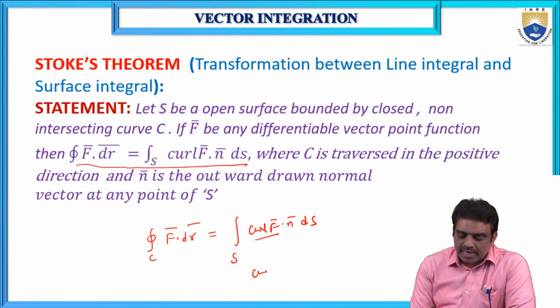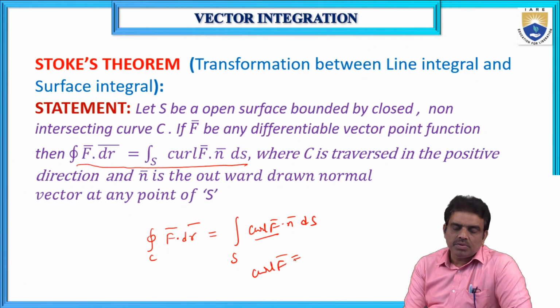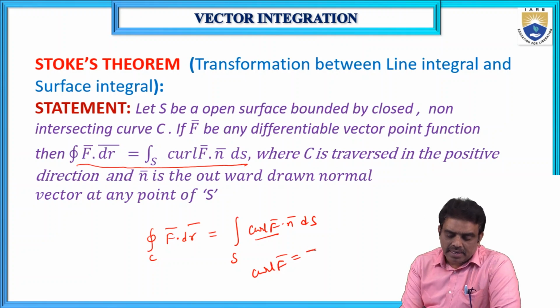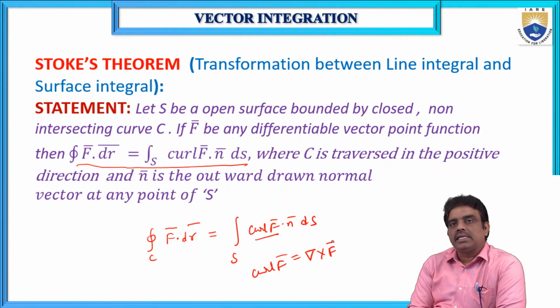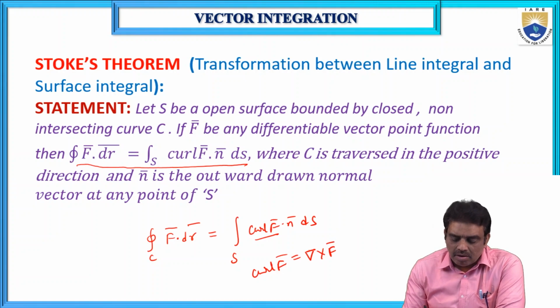Curl f bar is a vector point function obtained by finding del cross f bar. Already we have seen in the previous classes, curl f bar is del cross f bar.